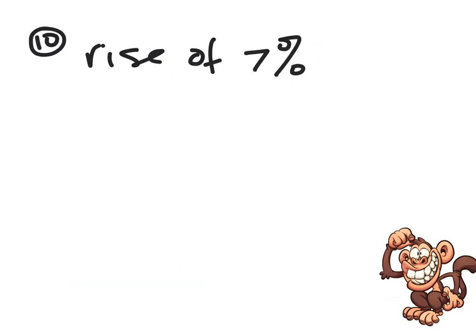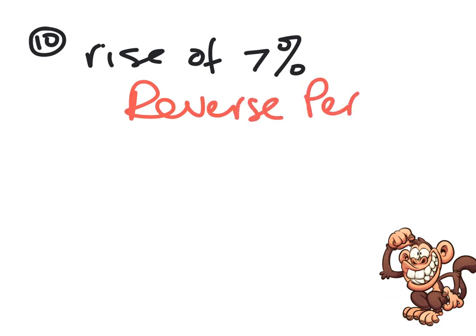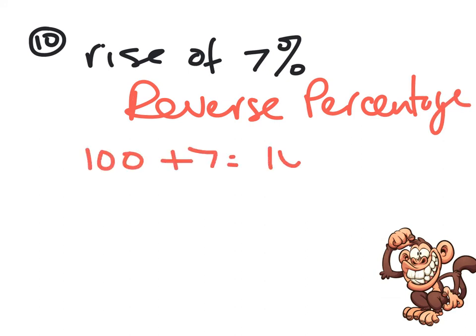Finally, Helen, who's getting a pay increase of 7%. So you want to know how much her pay was previously. So that's a reverse percentage question. Okay, and my way of doing the reverse percentages is 100 add 7 is 107%.